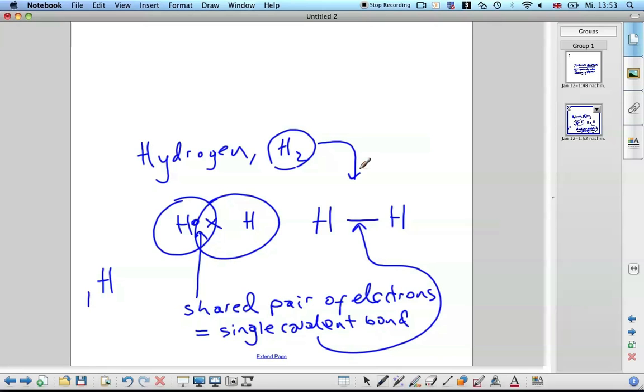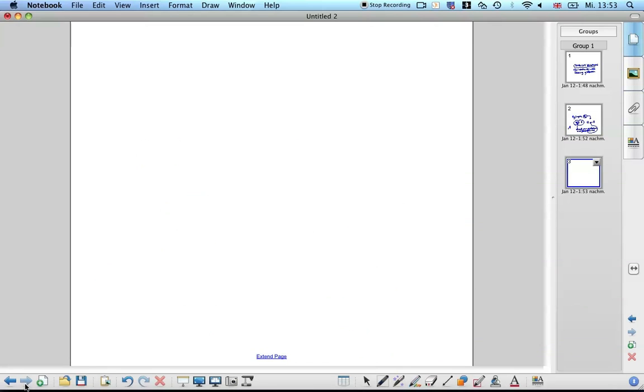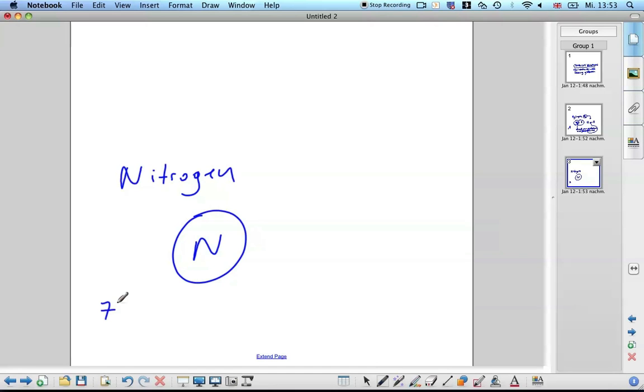Okay, let's do some slightly harder ones. Nitrogen. Well, nitrogen is in group 5, its atomic number is 7, so that means its electronic structure is 2,5. Because of that, it has 5 electrons in its outer shell. It needs 8. So along comes another nitrogen atom, and it also has 5 electrons in its outer shell.